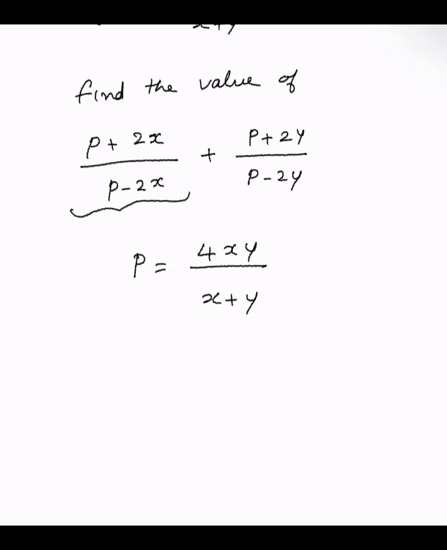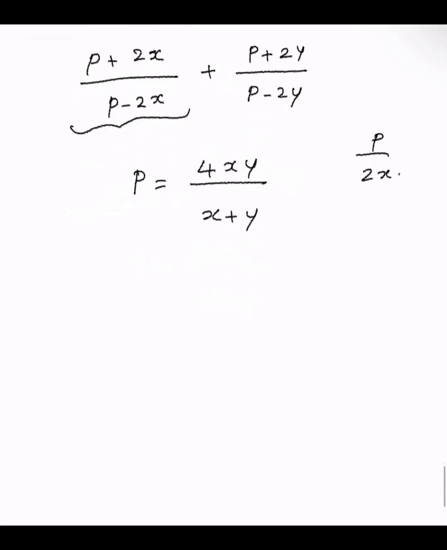It is having p plus 2x divided by p minus 2x. So what I want first is a 2x in the denominator. If I have p by 2x form, then when I apply componendo and dividendo, I am going to get p plus 2x divided by p minus 2x. So somehow I need to have p divided by 2x in the left-hand side.